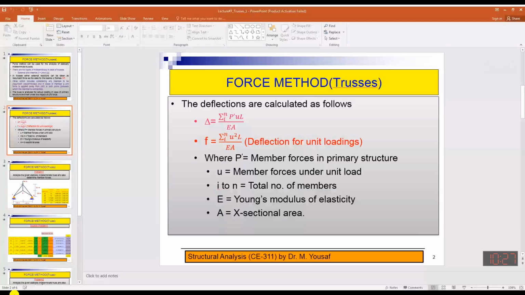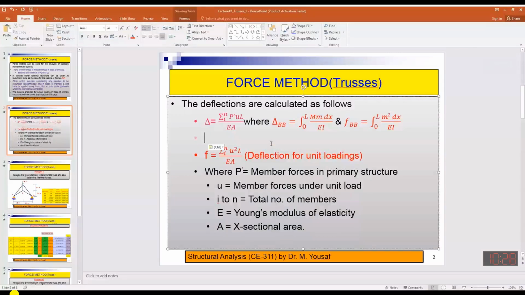Just for your better understanding, I have brought this expression.